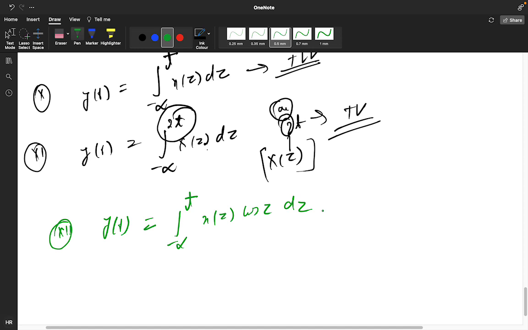This function is actually x of t into cos t. So this kind of function is actually a time variant function.